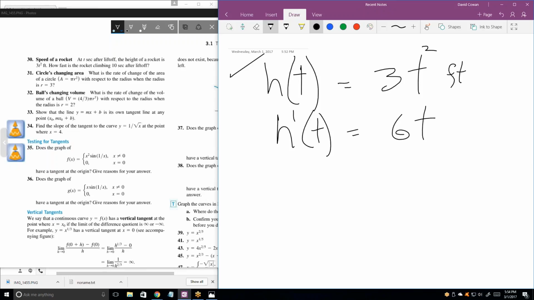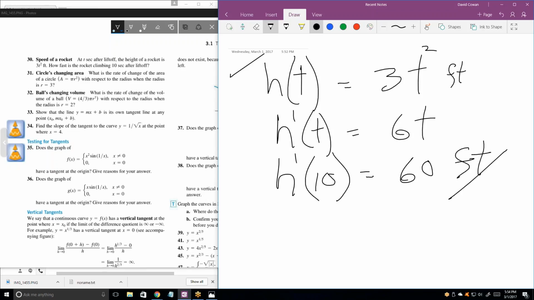And now figure out what the derivative evaluated at 10 seconds is. If h prime of t is 6t, what is h prime of 10? Oh, 60.